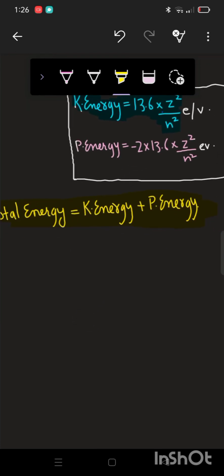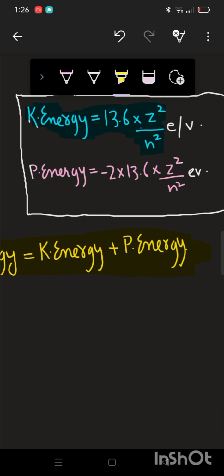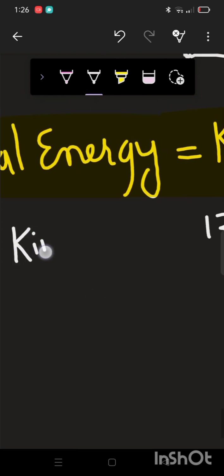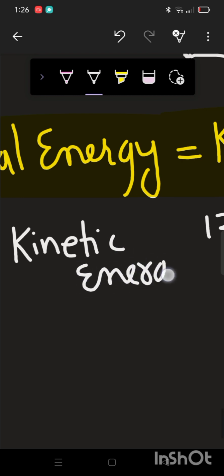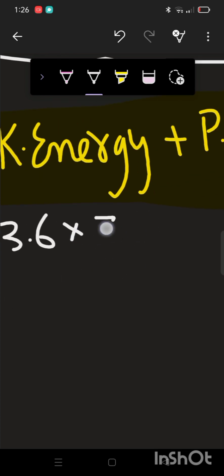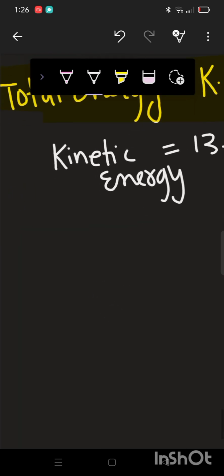Now we know that the kinetic energy is 13.6 into Z square upon N square electron volt. So let me write that here. Kinetic energy is equal to 13.6 into Z square by N square electron volt. Let me write the potential energy here as well.